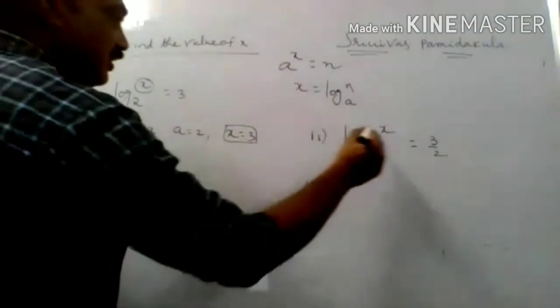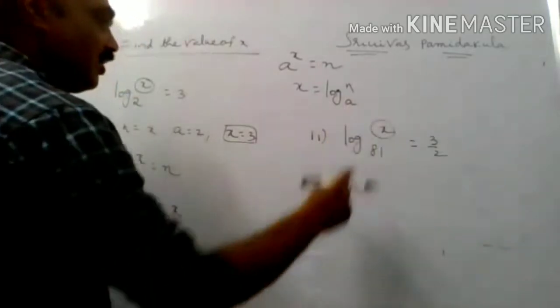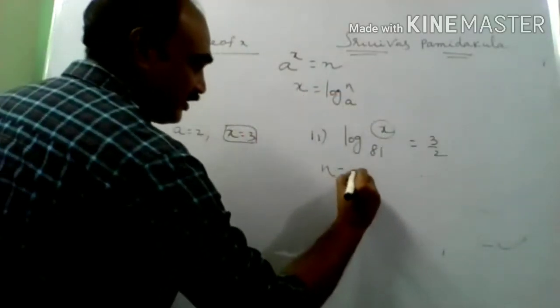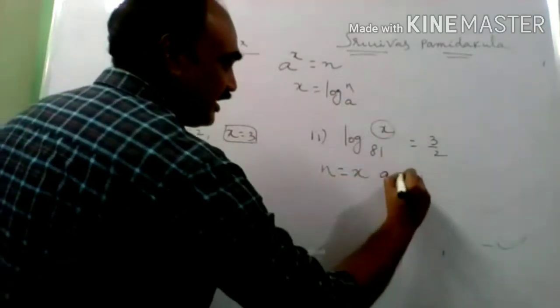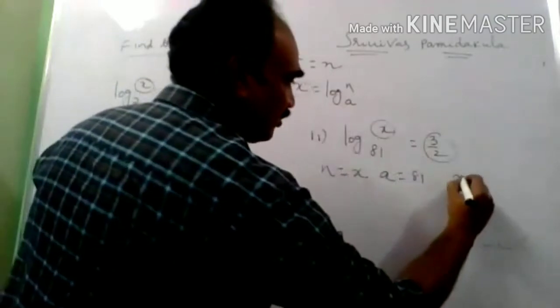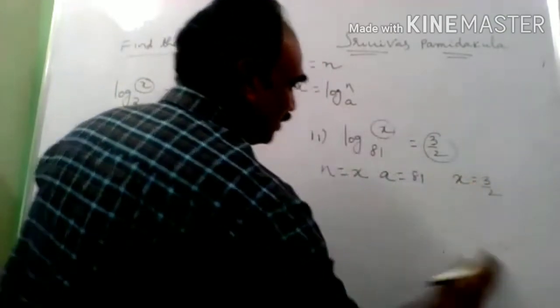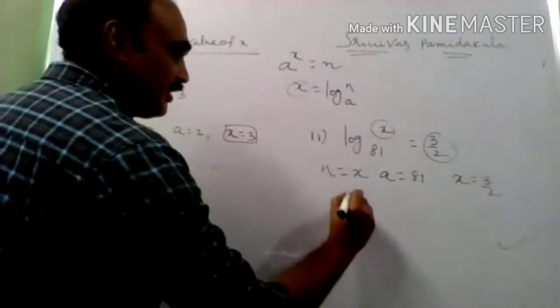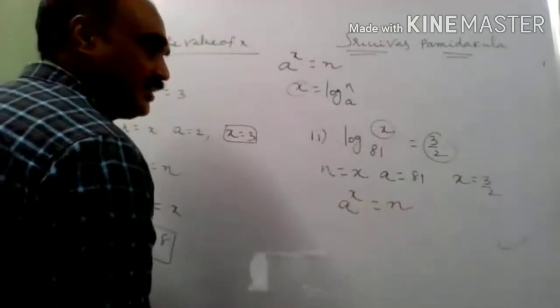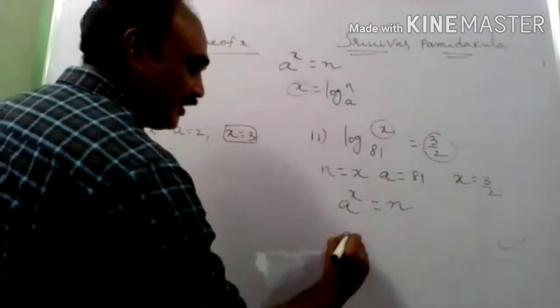Friends, here x is x. Log n to the base a. This is n. N is equal to x. This is a. A is equal to 81. This is x. X is equal to 3 by 2. Friends, exponential form. A power x is equal to n. What is a, students? 81.